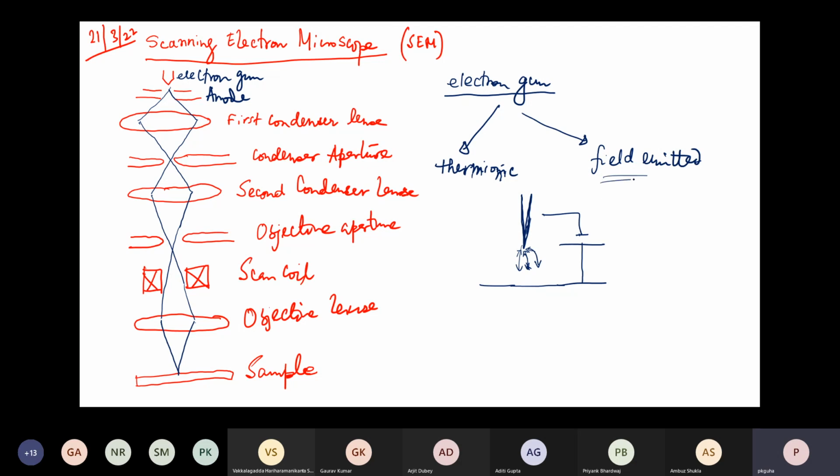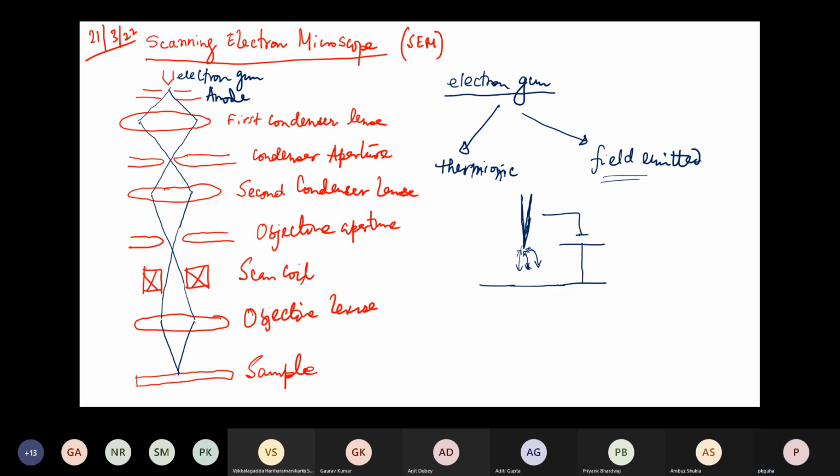So in a field emission type of electron gun, you apply a high electric field rather than high temperature. People found that this method is useful for improving the lifetime of the gun. Otherwise you have to change the gun very frequently, which is a very cumbersome process. So to avoid that, people moved from the thermionic emission gun to the field emission electron gun.